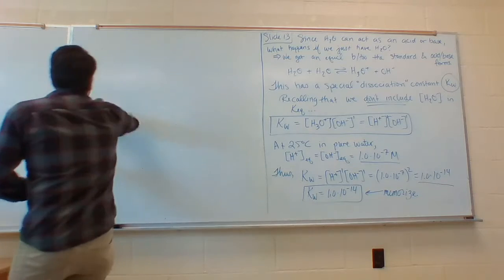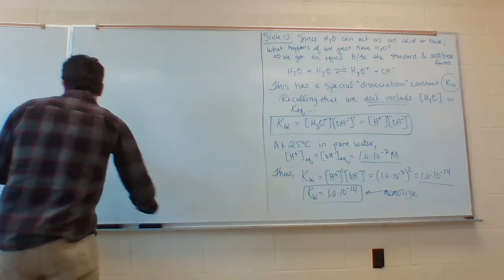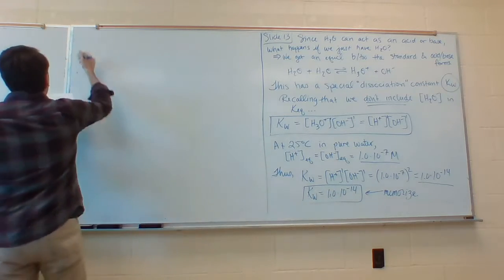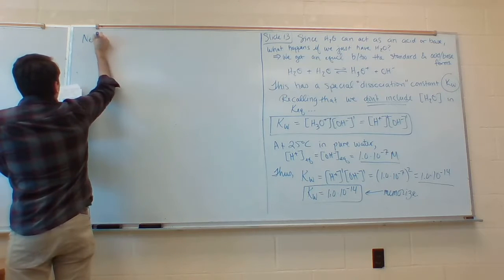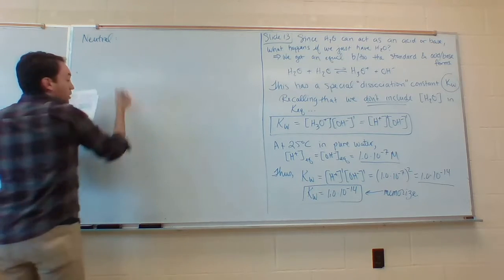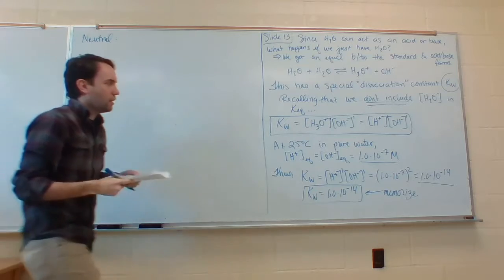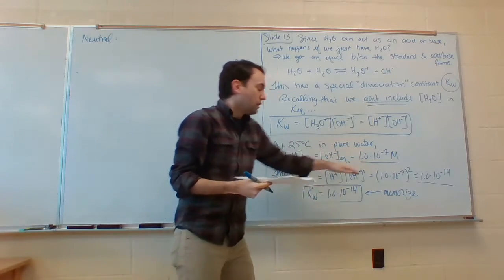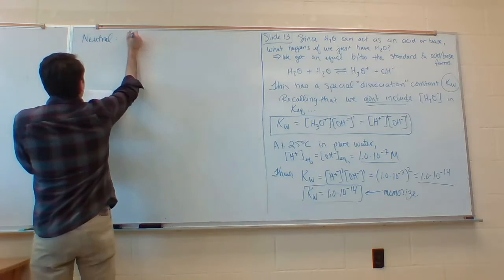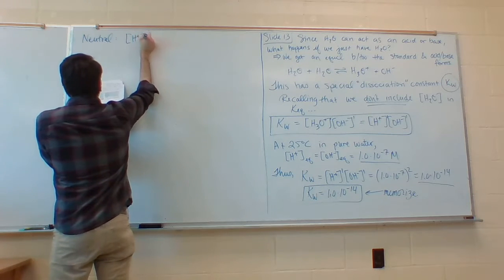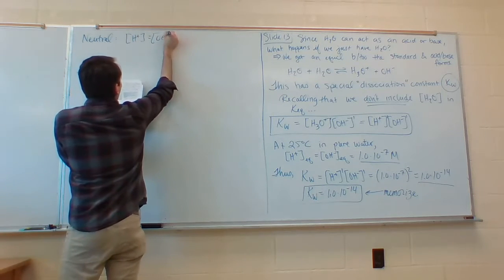All right, now, a couple things that I wanted to point out is that for neutral water, water that doesn't have anything in it, pure water, we had that our concentration of H plus was equal to our concentration of OH minus.